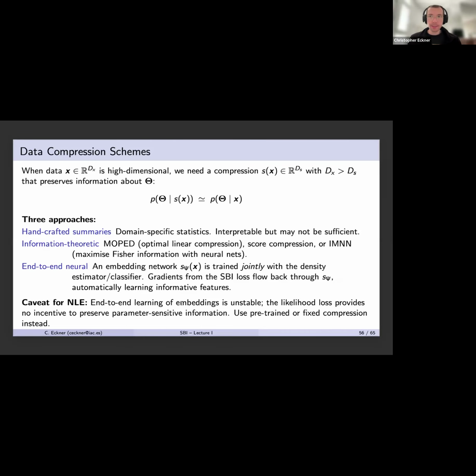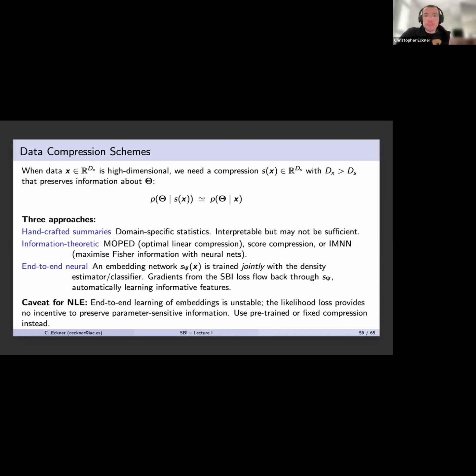This is physically motivated. It compresses your data, but it erases information. It works. It has pros and cons. But if you want to do, for example, a traditional approach with a likelihood-based method, this is something you typically use.